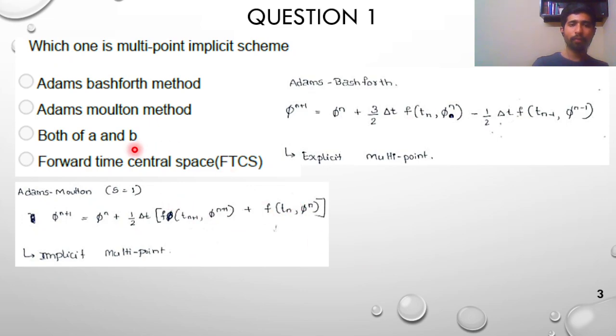Forward time central space. What should it be? Can you write in the chat box? What should be the nature of this, whether it is explicit or implicit, and whether it is single point or multi-point?